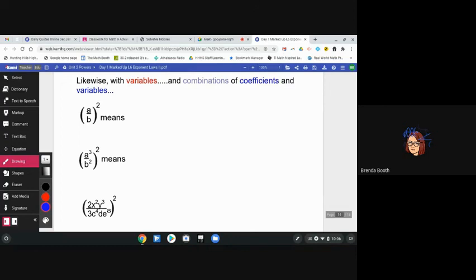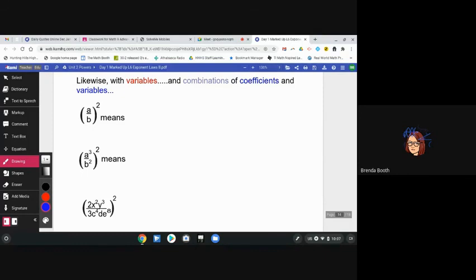Okay, so let's see how everybody did on the first one. Cole, tell me, how do I write this one in simplest form? Cole, what do you think on that first one?